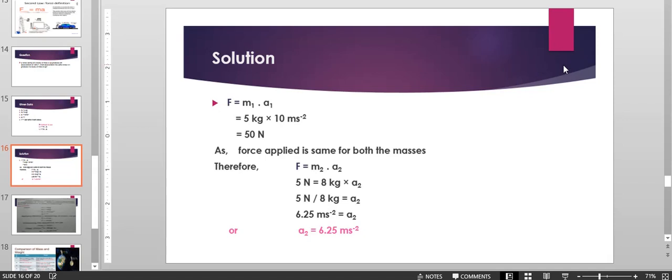Now moving towards the solution, using the first formula, F is equal to m1 dot a1, where dot means multiplication, which is equal to, putting the values given in the question, 5 kg multiplied by 10 meter per second square. We will get the force as 50 Newton.